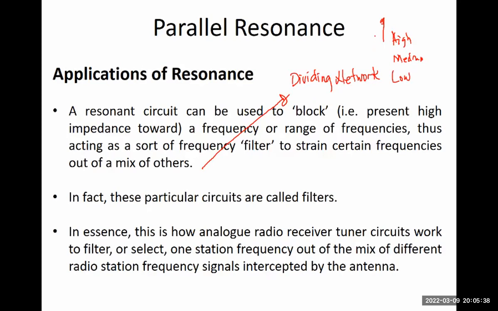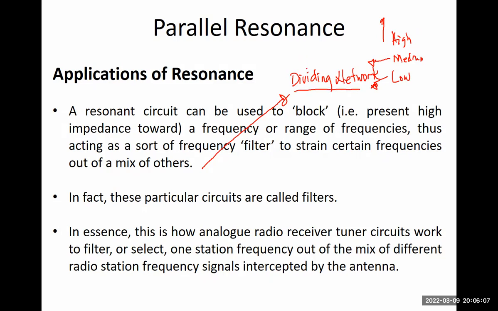So high, ito na, kung mahilig kayo sa sound system, okay, itong high, ito yung mga kalansing, okay, yung mga sagit-sit na naririnig natin sa sound system. And then medium, this is the vocals, and then the low frequency corresponds to the bass. Okay, so we could make use of parallel resonance or the dividing network.